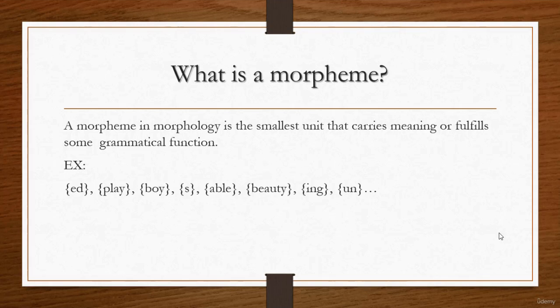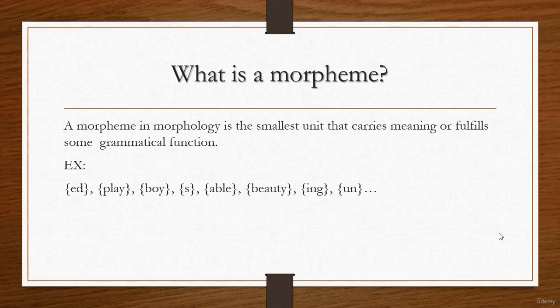So a morpheme, basically in morphology, is the smallest unit that carries meaning or fulfills some grammatical functions. A morpheme is just a unit, just a fragment of a word that has some meaning and fulfills some grammatical function. For example, ed of the past.